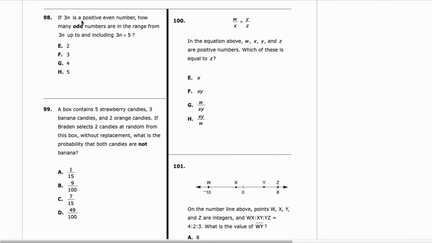Okay, so if 3n is a positive even number, how many odd numbers are in the range from 3n up to and including 3n plus 5? If 3n is even, then 3n plus 1 will be odd, right?